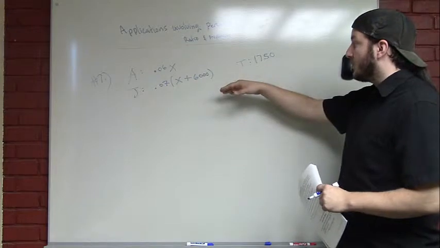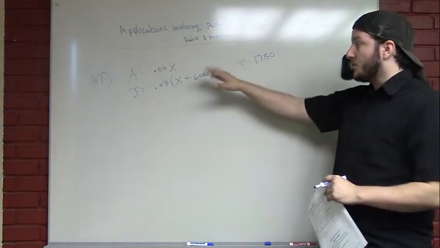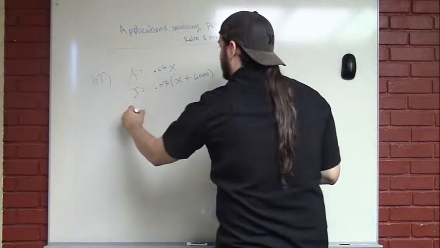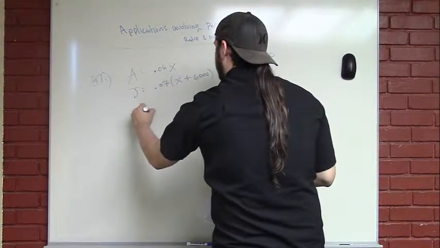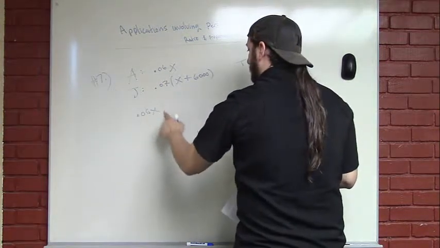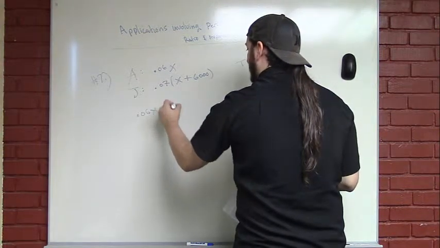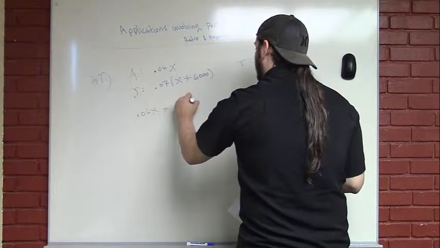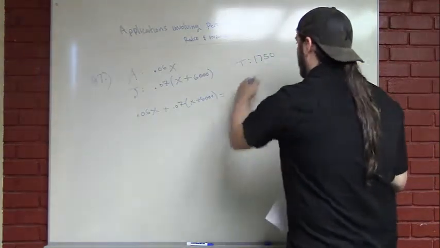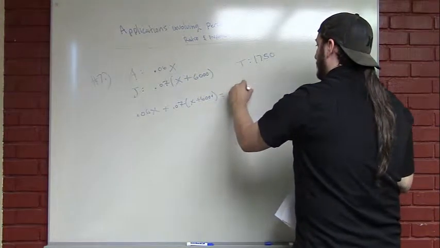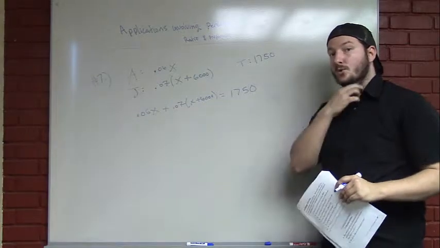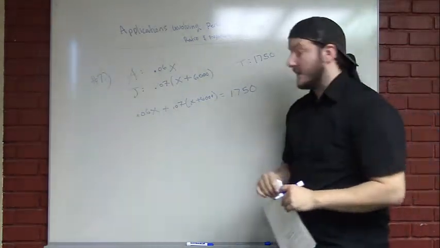And we know that the total earned should add up to this. So you're just going to say Amanda's 0.06x plus John's 0.07 times x plus 6,000 should equal, after 1 year, how much money they've made in total off of their investments.